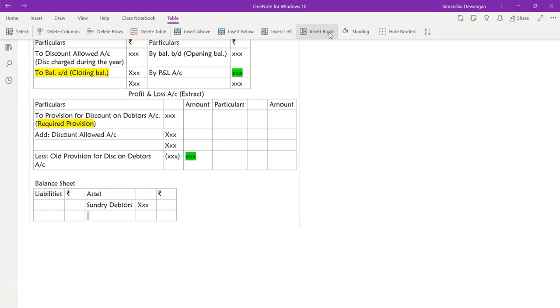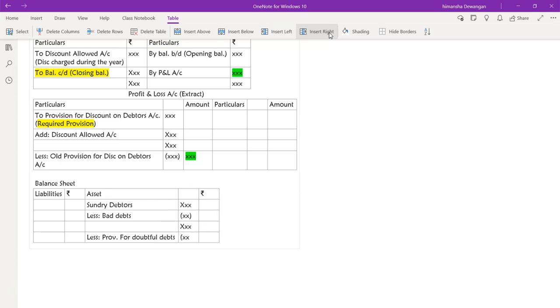I'm writing everything here, okay? Not just discount, but bad debts also. Whatever bad debts we have, first we are going to reduce bad debts. All right. After this, whatever amount we get, we are going to reduce provision for doubtful debts.